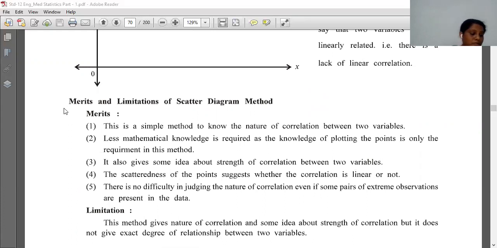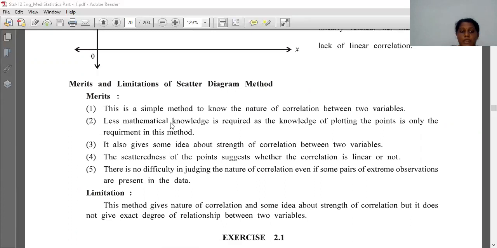Now, merits and limitations of scatter diagram method. This is an important question. Merits: this is a simple method to know the nature of correlation between the two variables. Less mathematical knowledge is required, as knowledge of plotting the points is the only requirement in this method.